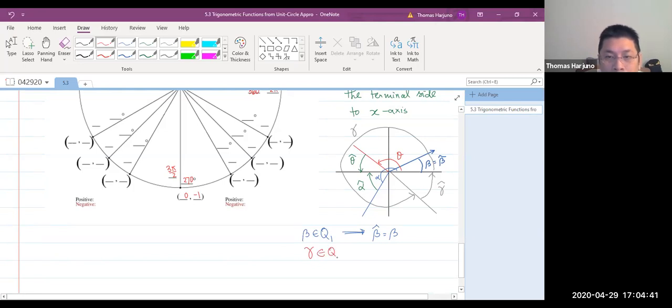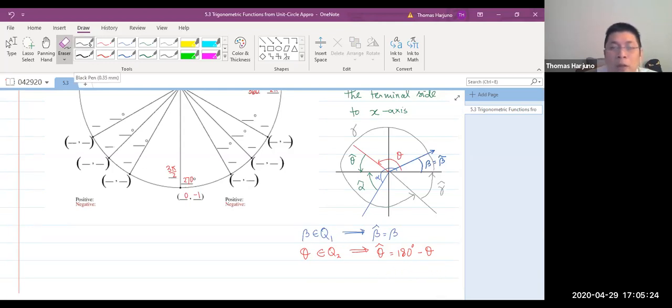You see from that picture, if the angle is in quadrant 2, then the reference angle will be 180 degrees minus that angle. That's the degree version. The radian version will be pi minus theta. But let's stick with the degree version for now. You can adjust that later.